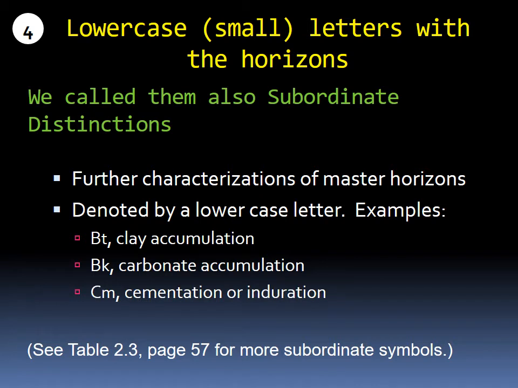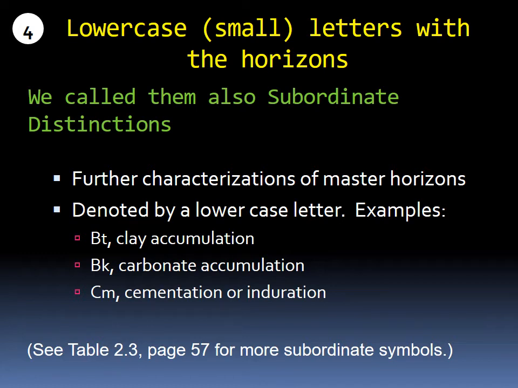For example, T means accumulation of clay, because you know that the B horizon is formed basically from accumulation. So if you see BT, you know that this is a B horizon with clay accumulation, while when you see BK, you would know that this is a B horizon with carbonate accumulation.